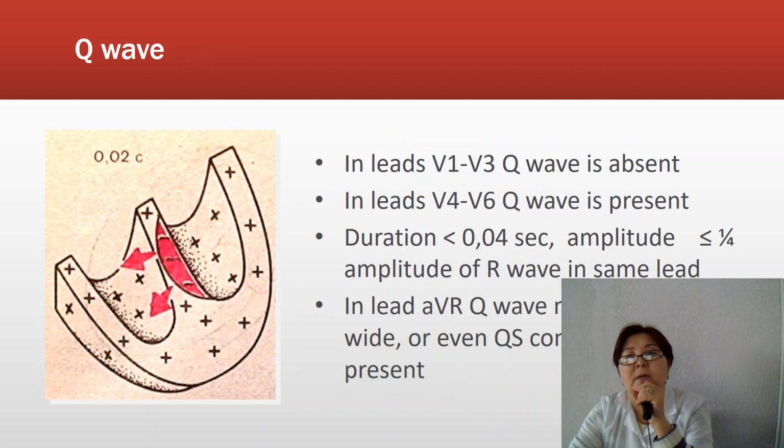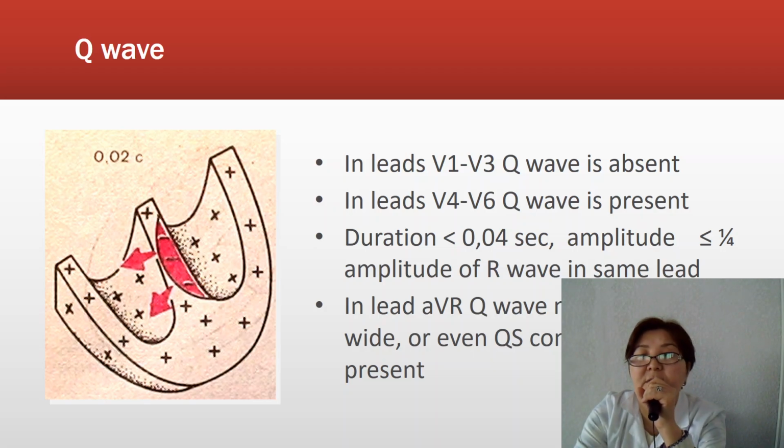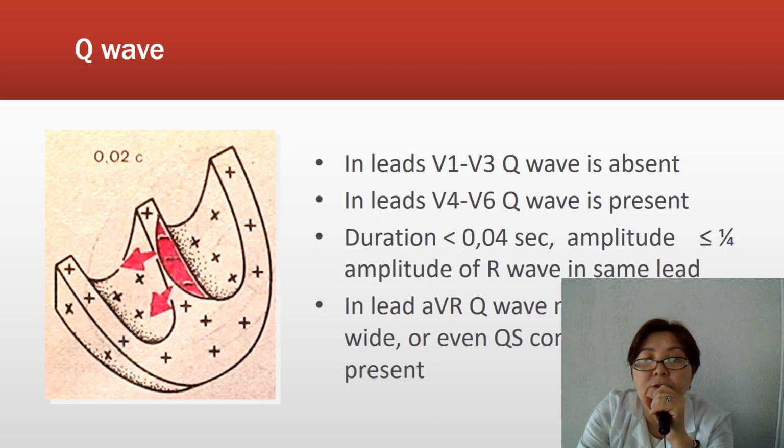Q wave. In leads V1 to V3, the Q wave is absent. In leads V4 to V6, the Q wave is present. Duration is less than 0.04 second.